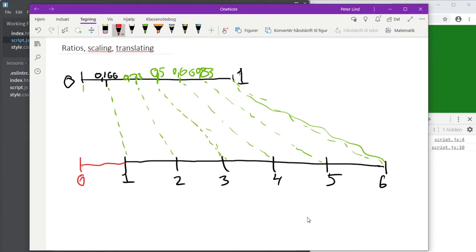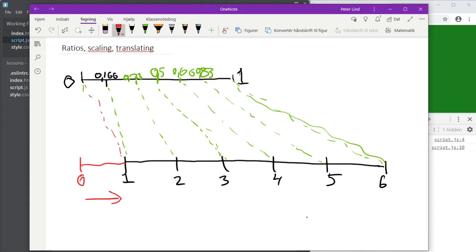We want to shift up everything so it starts from 1. So 0 would go to 1, and 0.16 would go to 2, and 0.30 would go to 3, and so on. But then, can you see the problem already?